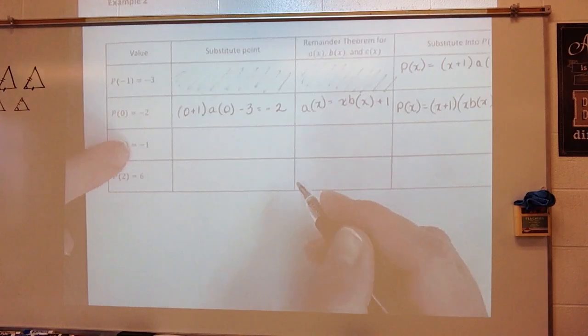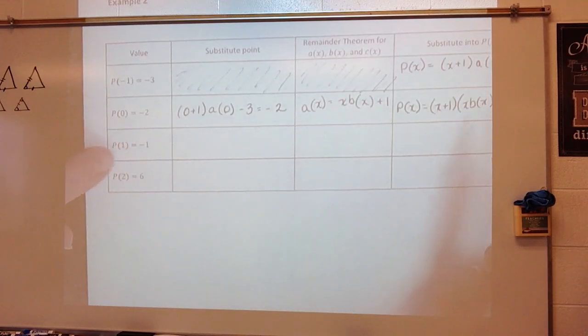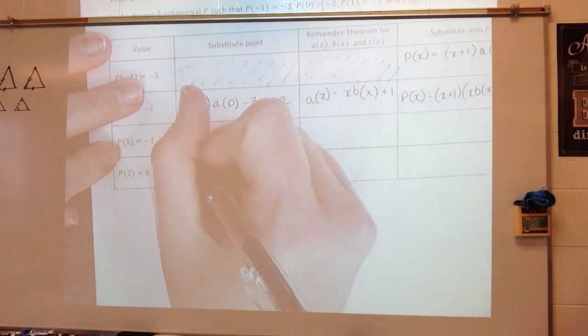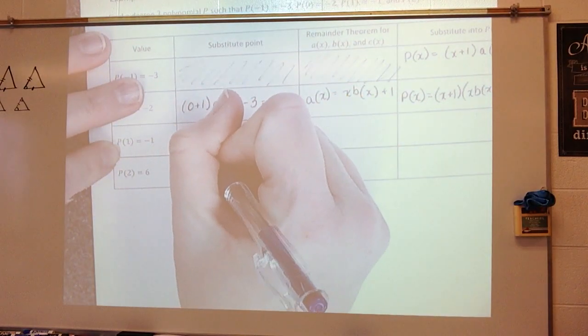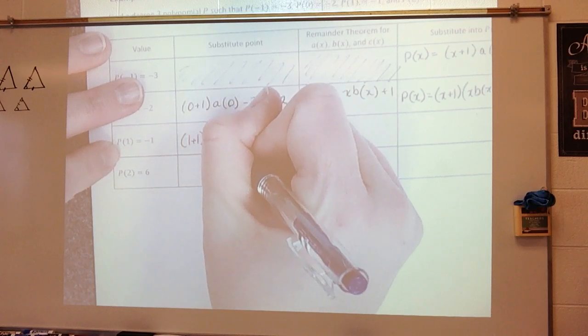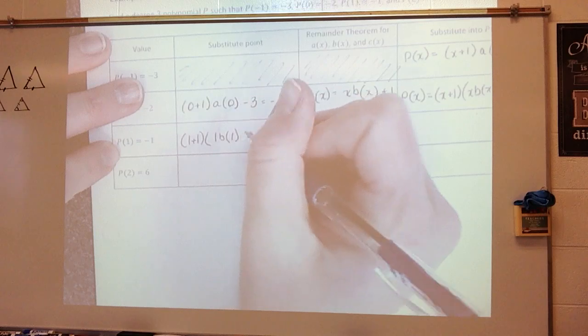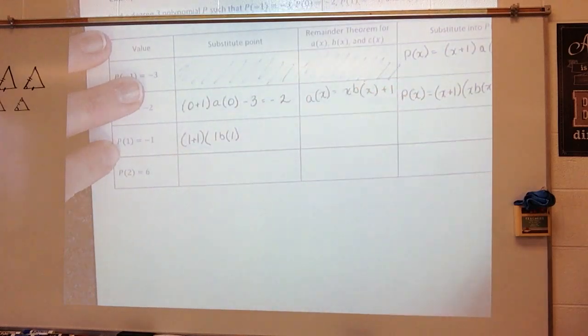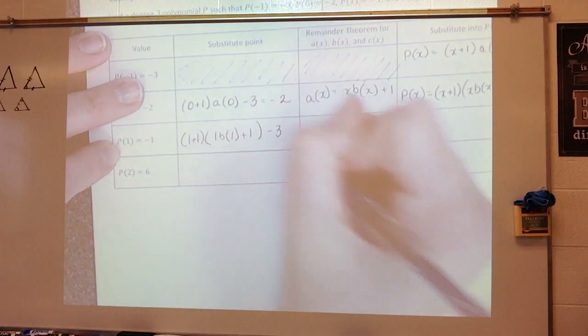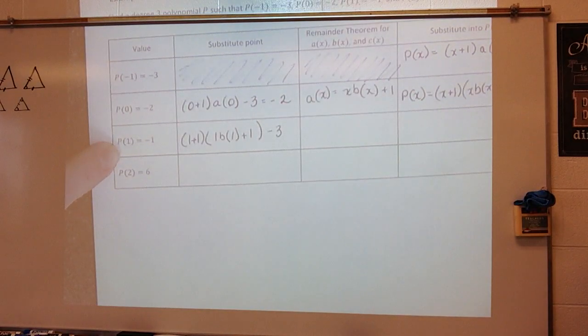Let's substitute negative 1 in. So I have 1 plus 1 times 1b of 1 plus 1 minus 3.